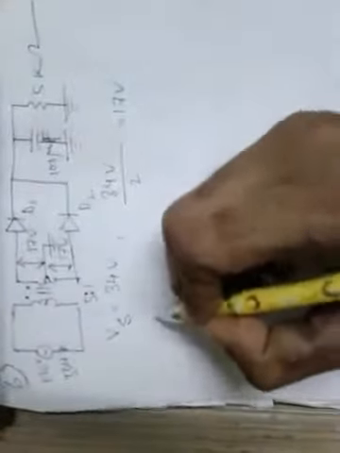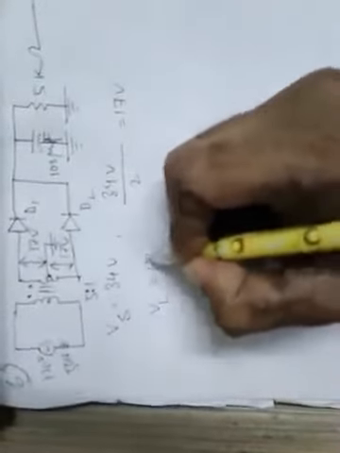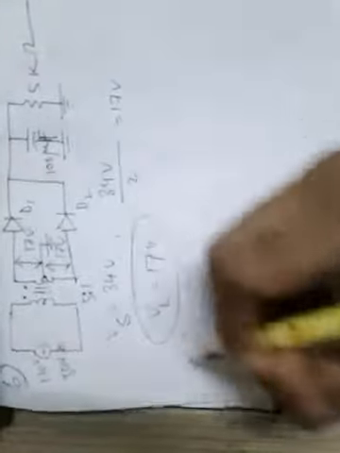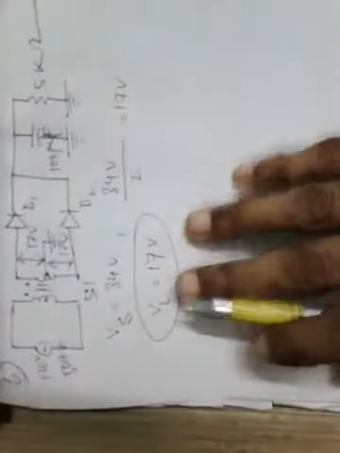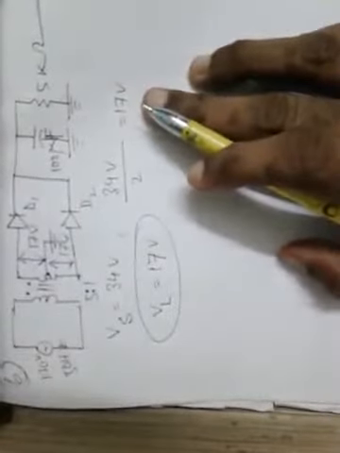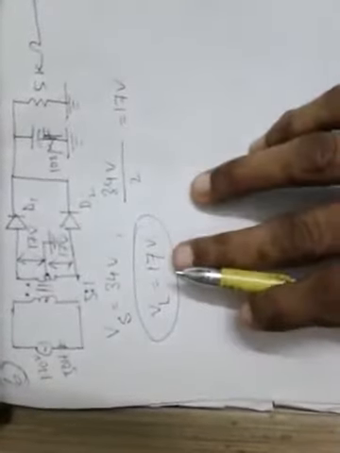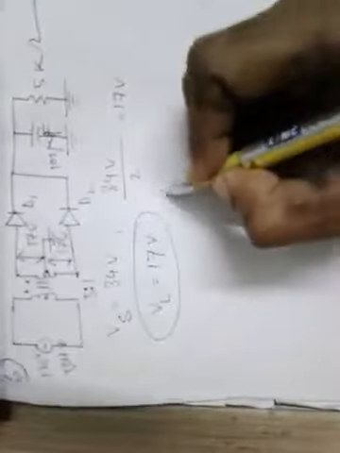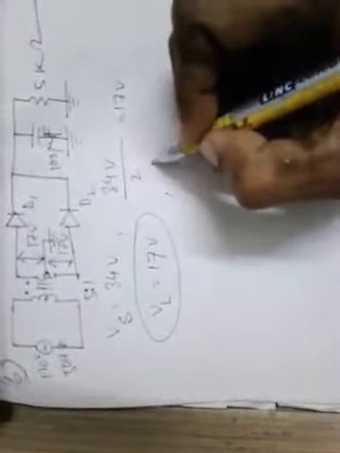Now if the diodes are ideal and the ripple is small, the DC load voltage VL is 17 volt. As the ripple is small, this voltage will be replicated at the output as the DC load voltage, obviously. So the DC load current IL is equal to VL by RL, 17 divided by RL, which is 5 kilo ohm, 5 into 10 cube.